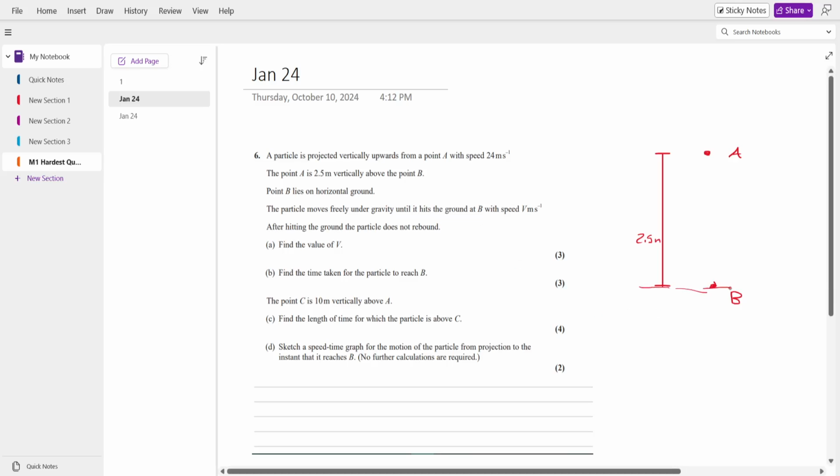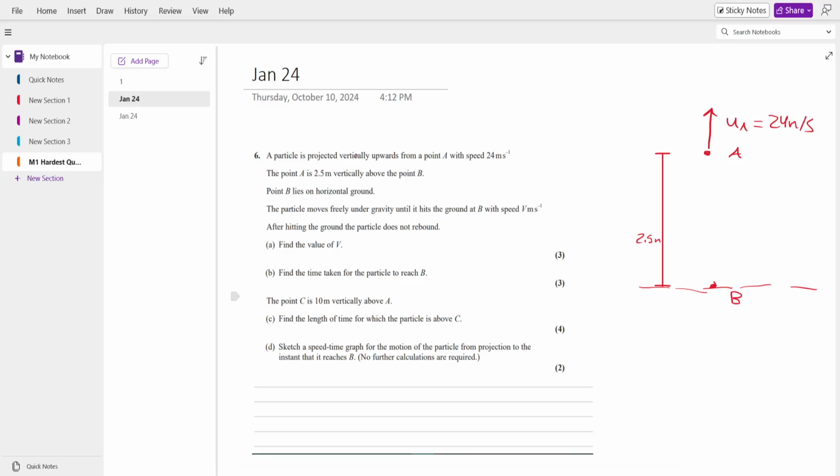So this is the ground where B is. The particle is projected vertically upwards from point A with the speed, let's call it U, with a speed of 24 meters per second. And let's just call it U, not UA. Okay? So let's continue reading and see what the question wants.